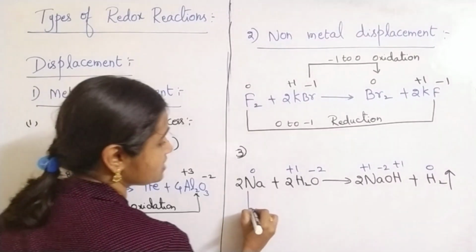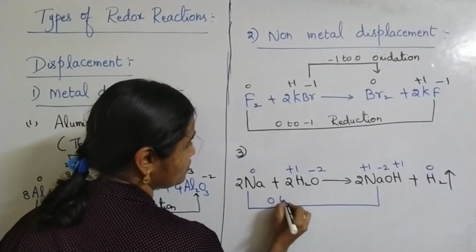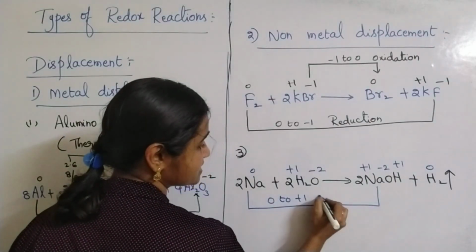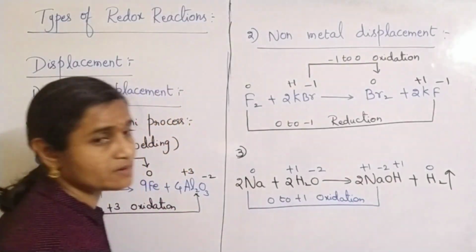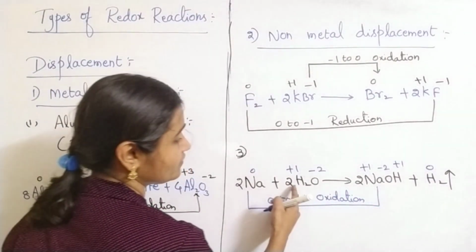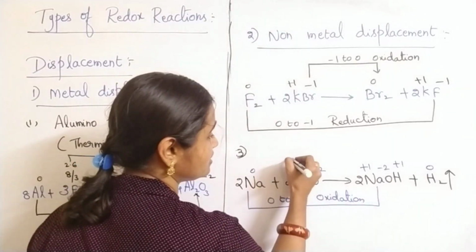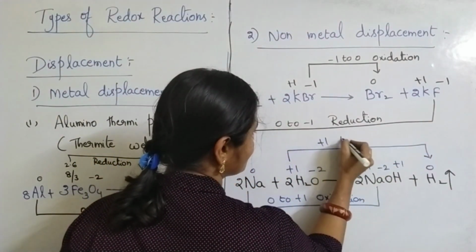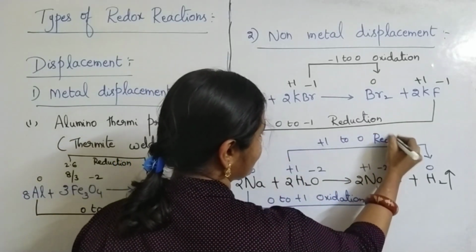Now you observe the change in oxidation number for sodium: 0 to +1 means an increase in oxidation number, so it is oxidation. Now if you observe the change in oxidation number for hydrogen, +1 to 0, it means it is reduced, so you call it reduction.